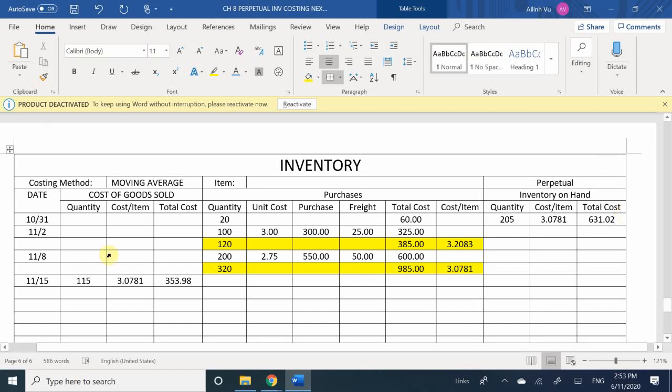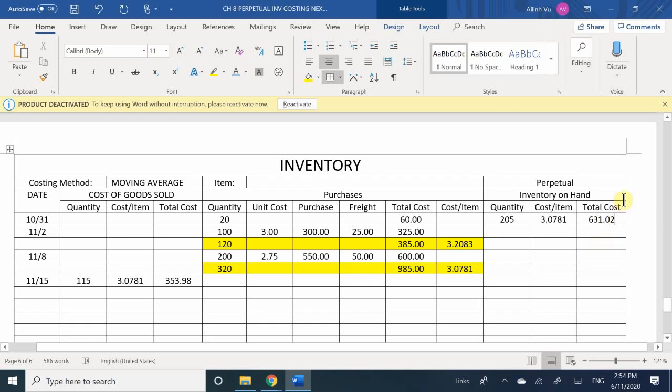When we're journalizing, it has to be rounded to 98. The only number you're going to keep at 4 digits is your average cost per item.